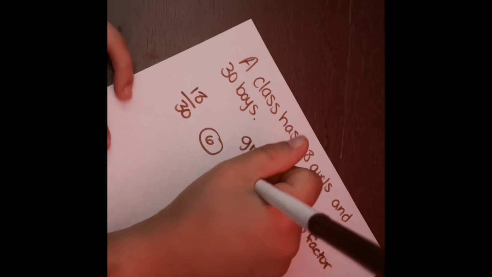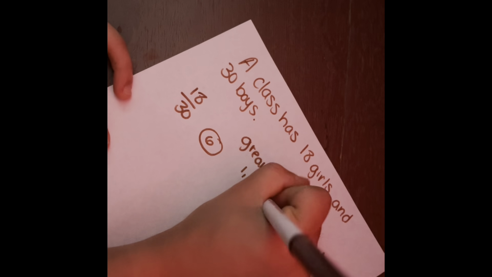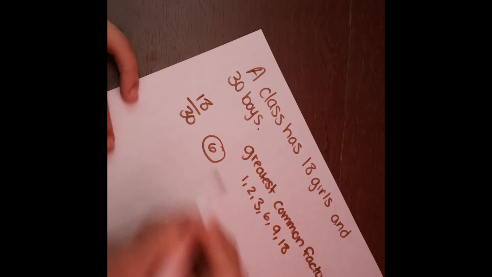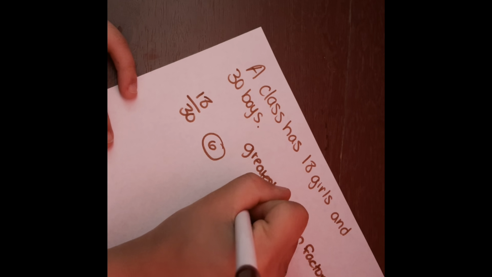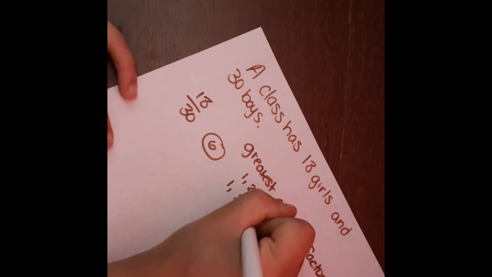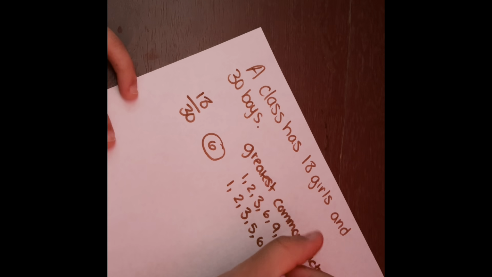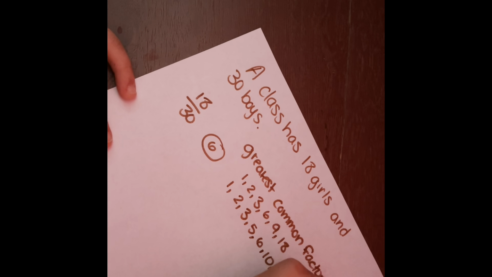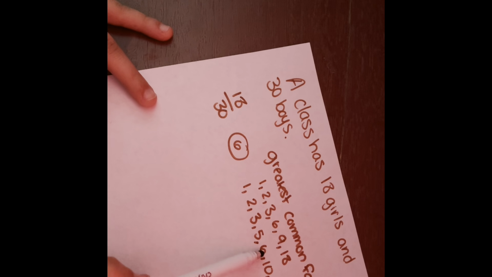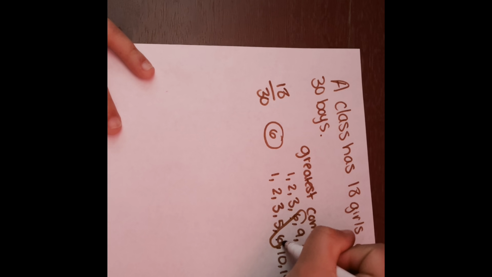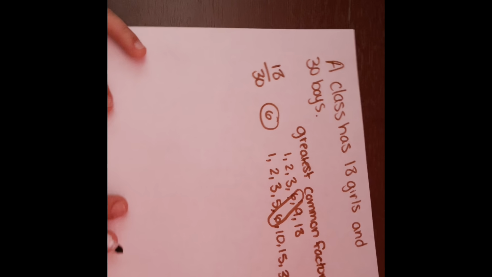If you go through each and every one of them: 1, 2, 3, 6, 9, 18, and then for this one, 1, 2, 3, 5, 6, 15, and 30. So as you can see, here are the greatest common factors, 6 and 6. So those are the numbers that we are going to be using.